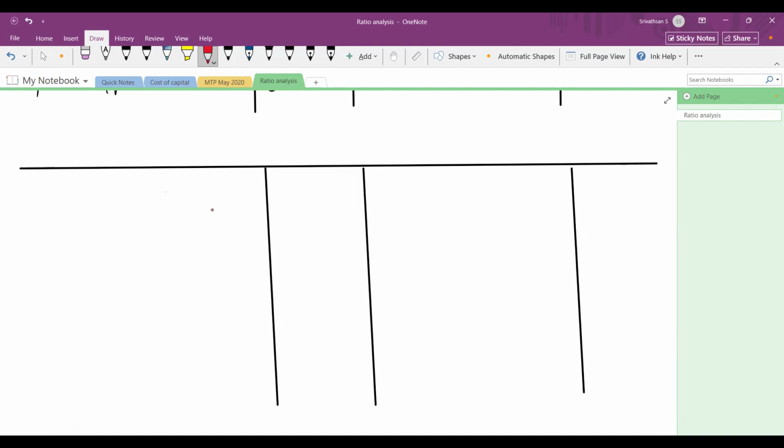Those who are not getting the balancing, listen, if you are just writing current asset, that is not correct. You have to show the bifurcation of current asset. So, balance sheet as on 31st March 2023.